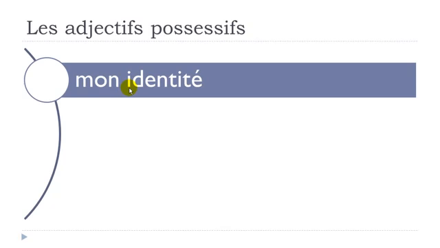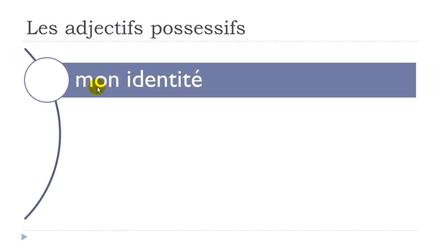And then for aesthetical reasons, we think that ma identité, the way that normally you should put the feminine form, doesn't sound nice, so for that reason we put the masculine adjectif possessif. So remember, with feminine words that start with a vowel like I here, identité, you will have to use les adjectifs possessifs masculins, so the masculine form.